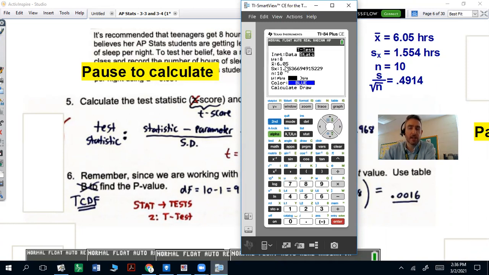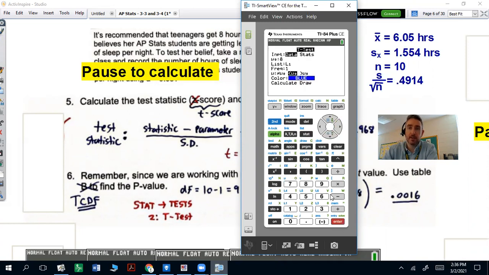Now, why did my calculator auto-populate the 6.05 and the 1.553 and the 10? You want to guess? That's because we already had the data in there. Remember, I calculated my graph and my one variable stats before. So when you have that data in there, you don't have to retype it.